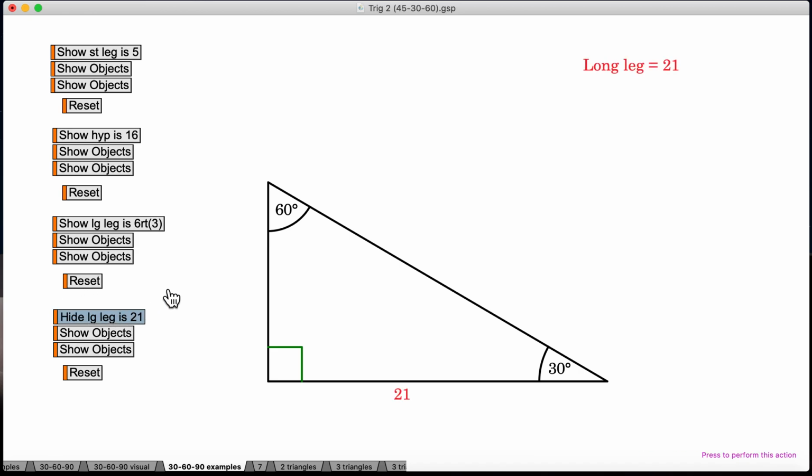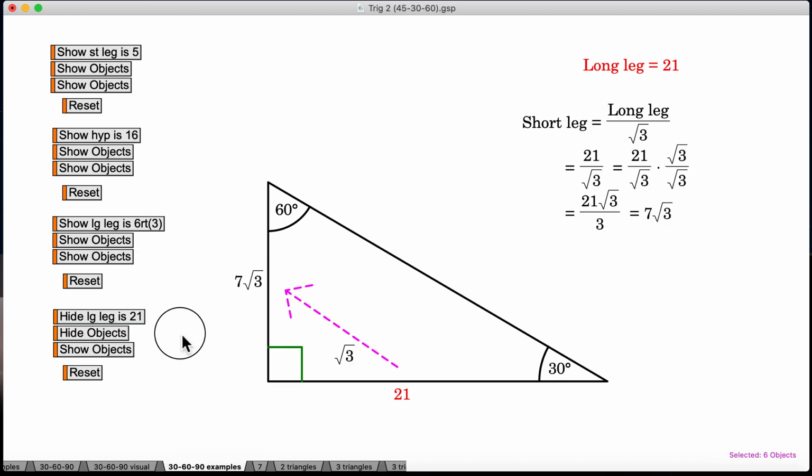Okay? And if I let the long leg be 21, to get to the short leg, I would divide it by root 3, and I rationalize it again. 21 divided by root 3. You can leave it this way, by the way, unless the question says rationalize. But just to know how to do this, you multiply it by 1 in the form of root 3 over root 3. So this gives me a 3, and then I end up with 21 root 3.